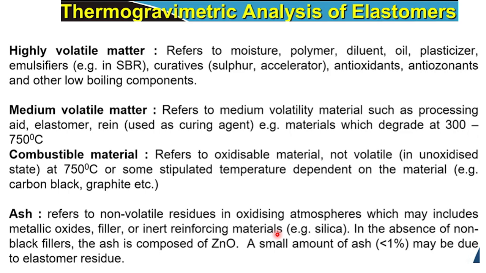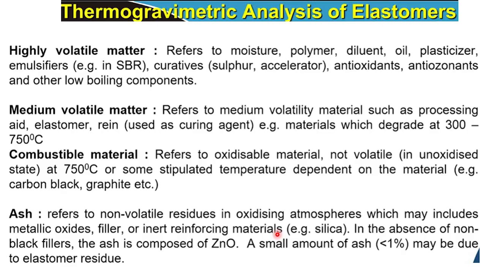The medium volatile matter refers to medium volatility material such as processing aid, elastomer, reinforcing agent, which will degrade around 300 to 750 degrees centigrade. Combustible material refers to the oxidizing material. Those are not volatile in unoxidized state at 750 or some stipulated temperature dependent on the material. Those are the carbon black type of filler material.